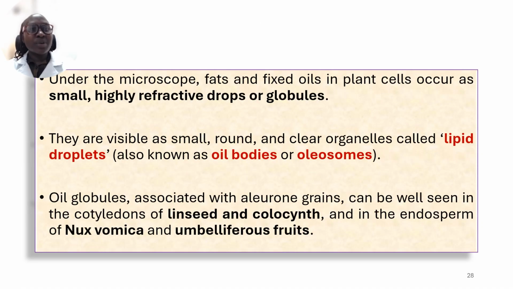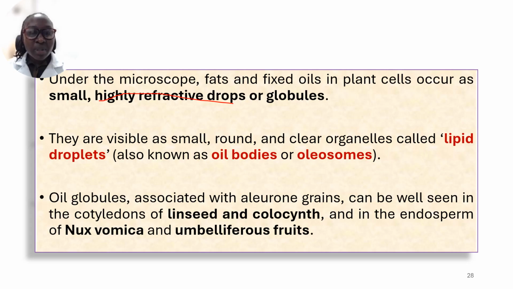Under the microscope, fats and fixed oils in plant cells occur as small, highly refractive drops or globules. They are visible as small, round, and clear organelles called lipid droplets, also known as oil bodies or oleosomes.